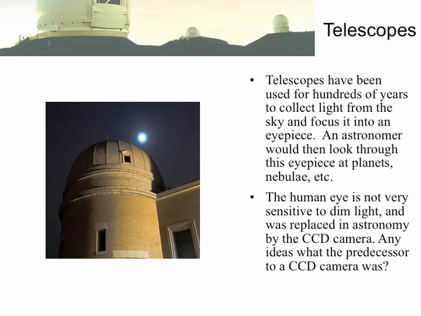However, as technology progressed, the eye was replaced with a camera. Cameras are more sensitive than the human eye and less likely to give us error. Today, we use CCDs instead of eyepieces on most research telescopes.